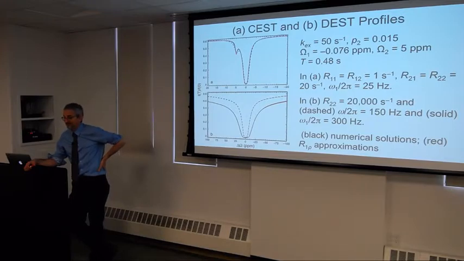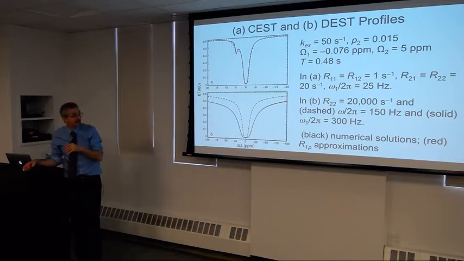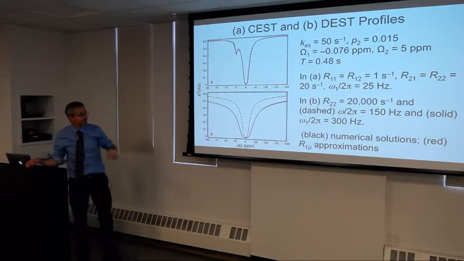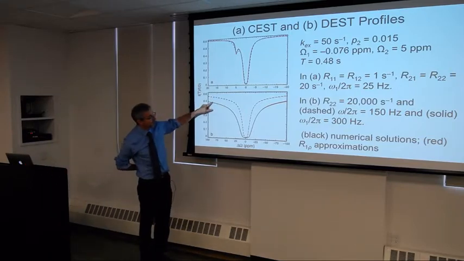Its R2 might be a microsecond, or T2 might be a microsecond at that point. We'll never see the CEST effect because the line is just too broad, so we won't actually see an effect on or where the chemical shift is, but there still will be saturation transfer effects, and that's shown here.